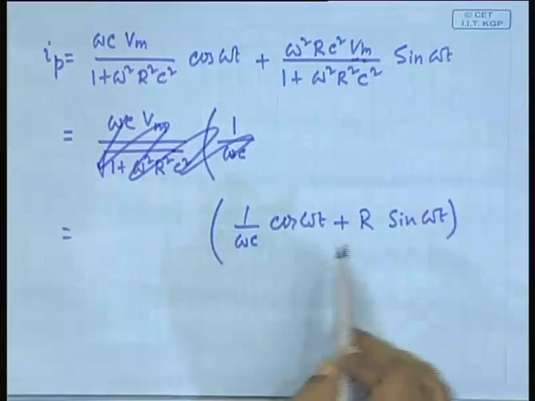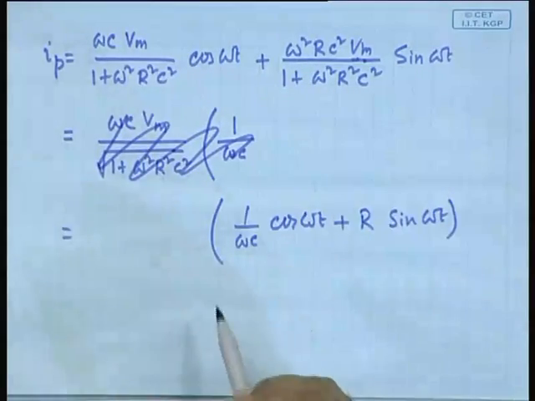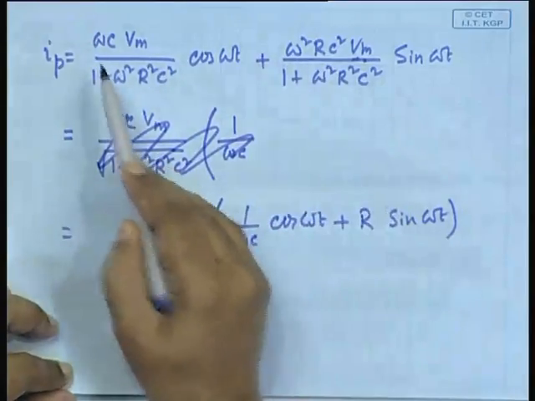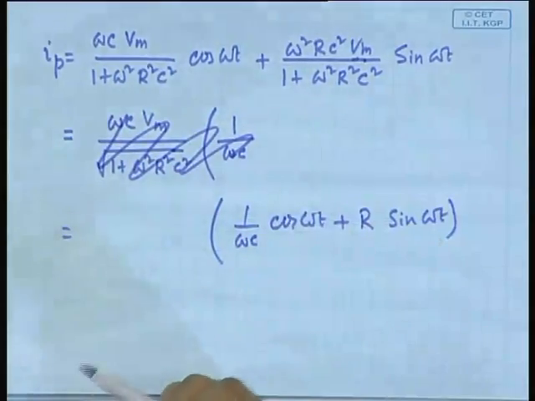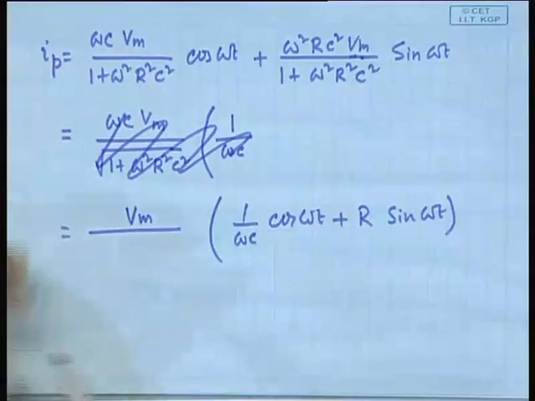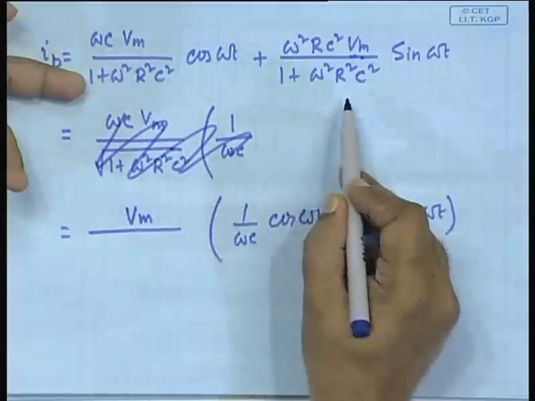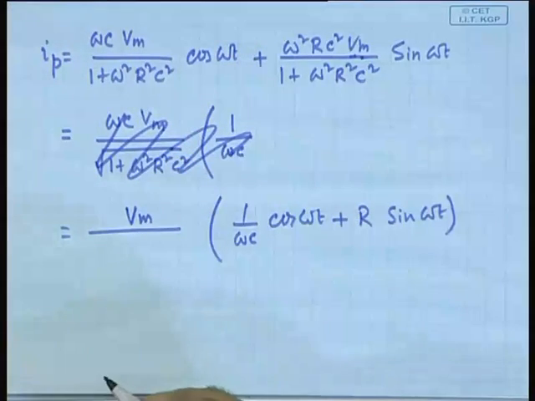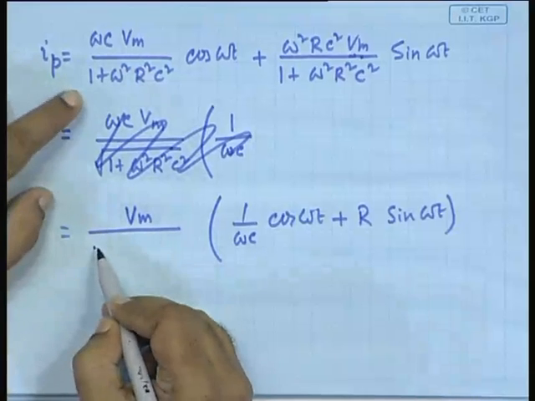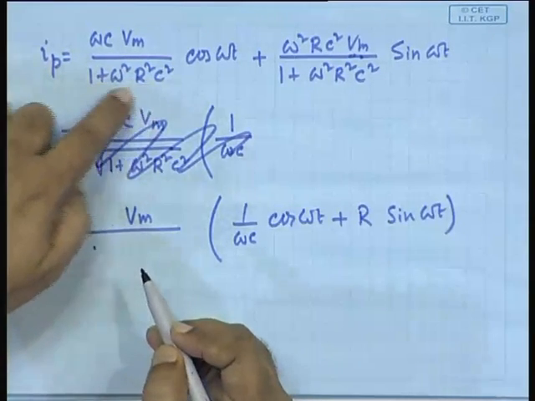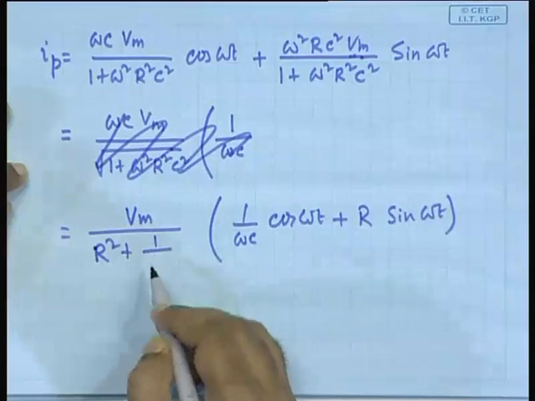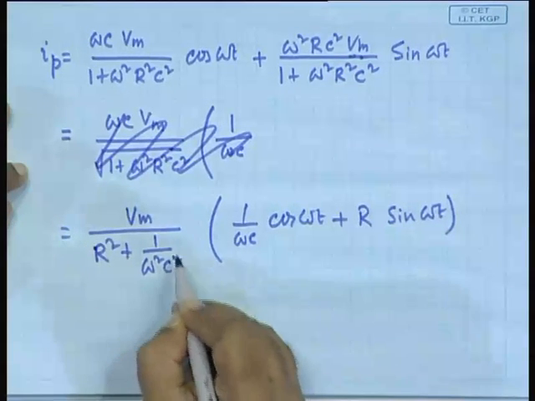In order to do that, because r was here, r was not here, this is omega square c square, here is omega c. So, we can appropriately take common. What comes common? It is V m divided by 1 plus omega square c square. Divided by omega square c square, it becomes r square plus 1 by omega square c square.